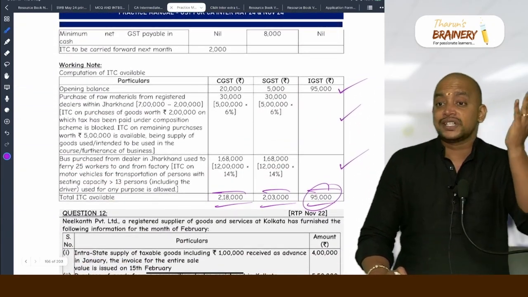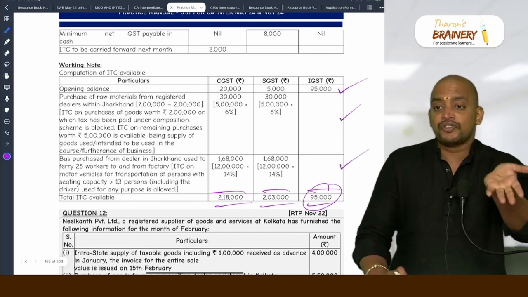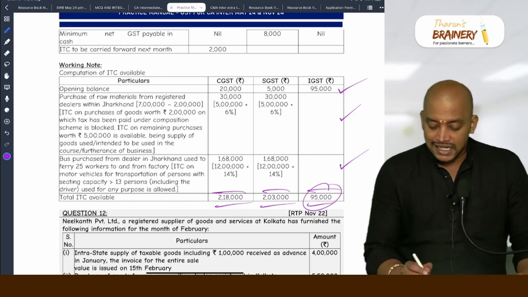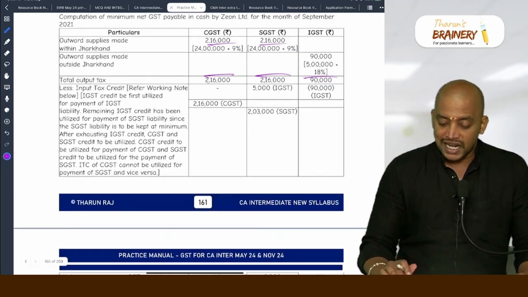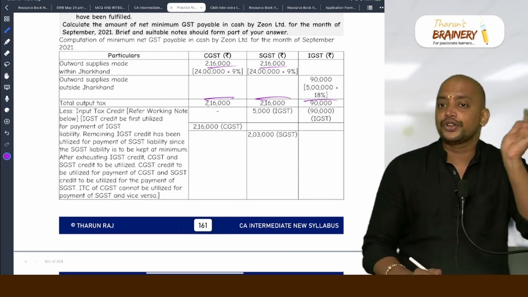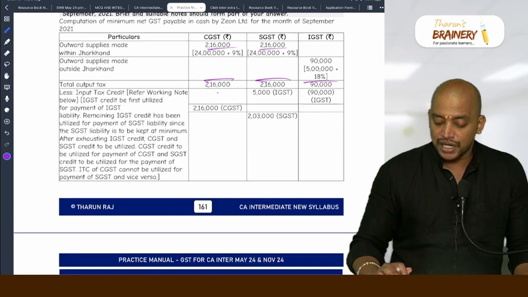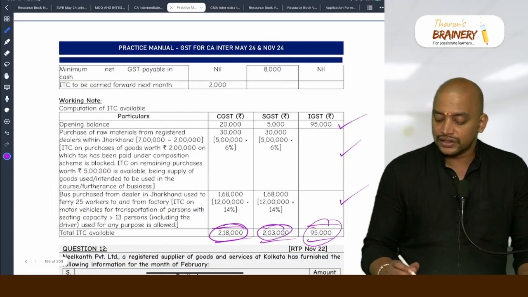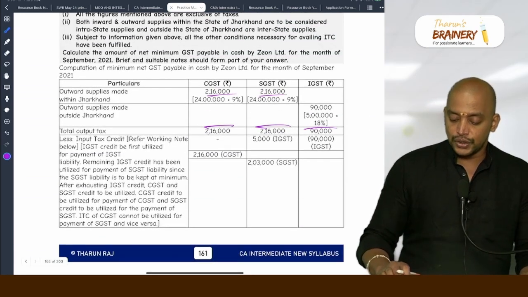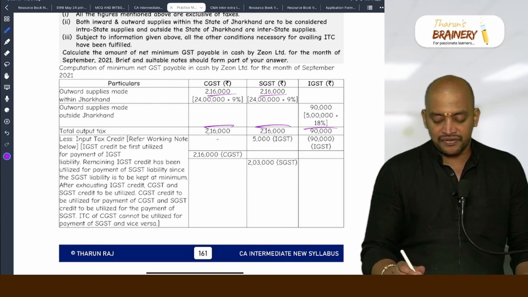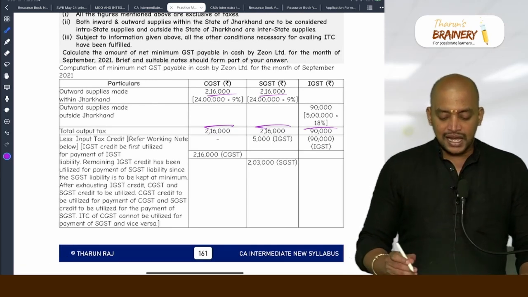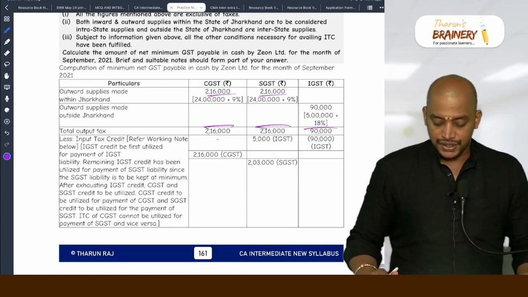We have more CGST credit, so therefore use the IGST balance for SGST. CGST credit is 2,18,000, but the liability is only 2,16,000, so don't use it for CGST. Use it for SGST, because SGST liability is 2,16,000 and credit is 2,03,000 only. So the excess you use here. So 90,000 and 5,000 we are using, and 2,16,000 fully we can use.